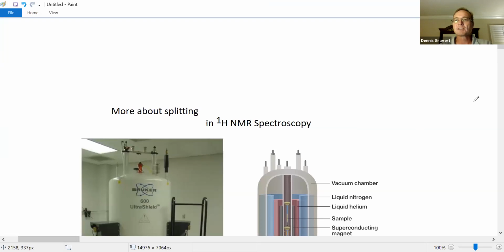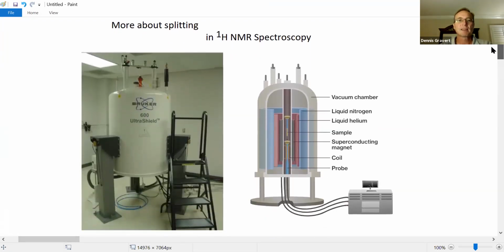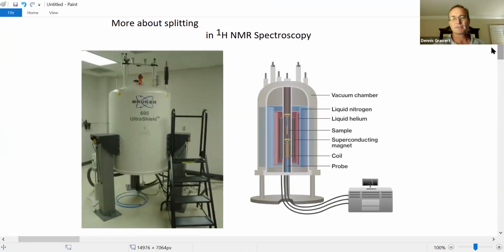So, more about splitting. And I thought, well, maybe if you're curious, you might want to look at an NMR spectrometer. Over here on the left, you can see the stairs that walk up to it. That gives you a sense of its size. Why is it so darn big? It's mainly so that we can create a super strong magnetic field.